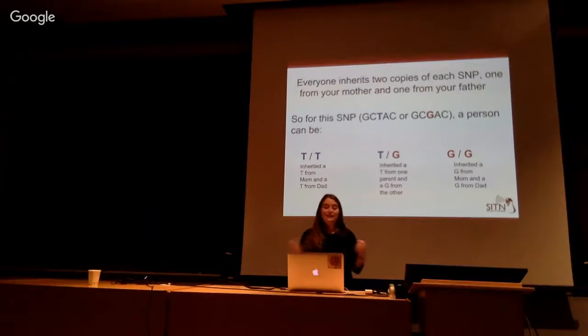They could be TT, so they inherited a T from their mother and a T from their father. Or they could be TG, so they inherited a T from one parent and a G from the other parent. Or they can be GG, so they inherited a G from their mother and a G from their father. For this particular SNP, this location in the genome, every person in the world is going to be in one of those 3 populations.